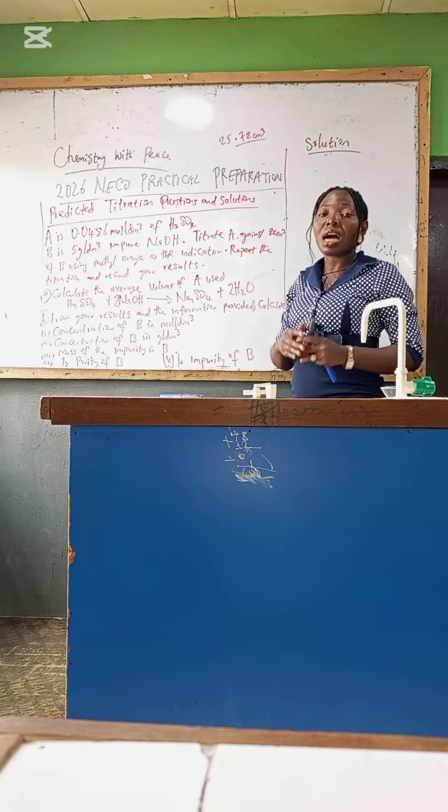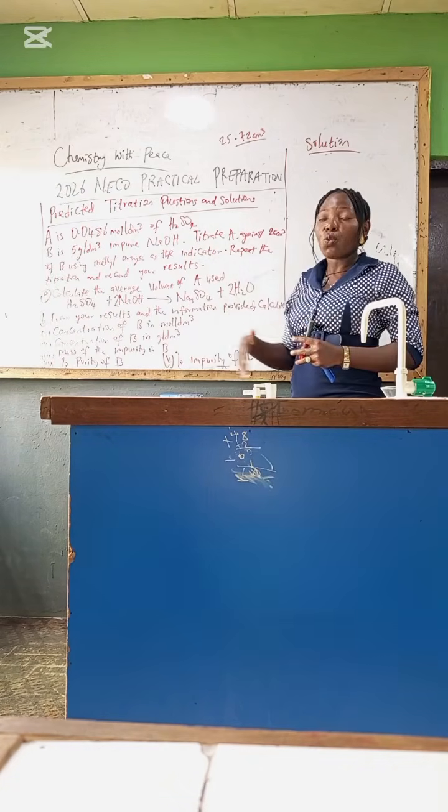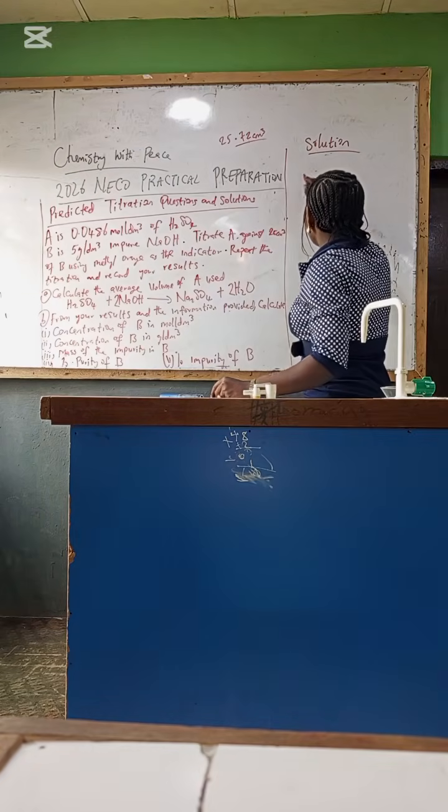So at this point, I will tabulate my reading, making sure that my values are within that range. So this is what I have.